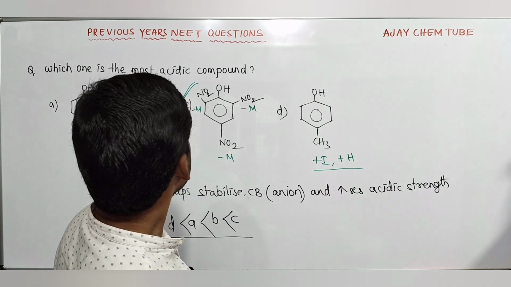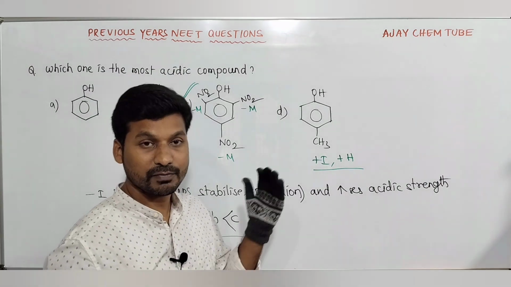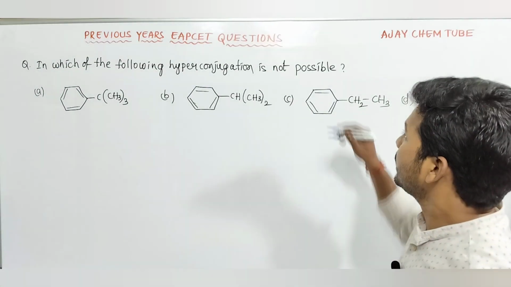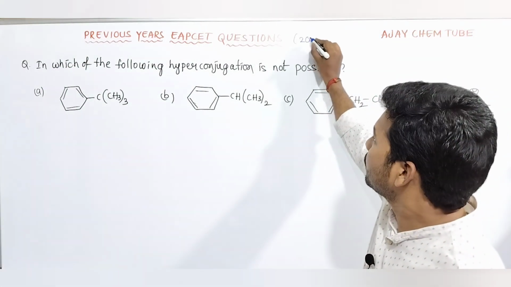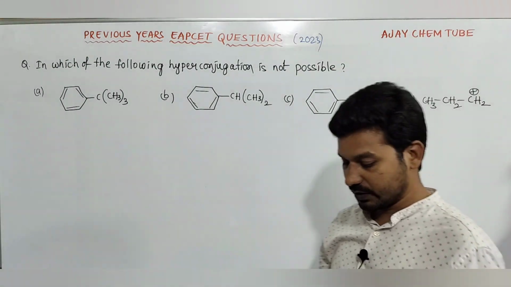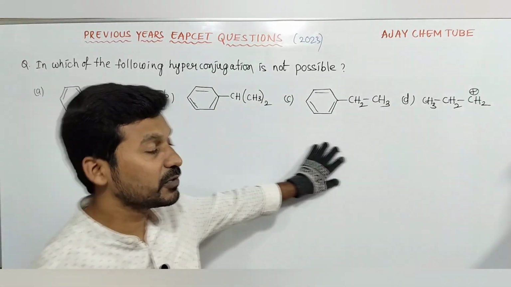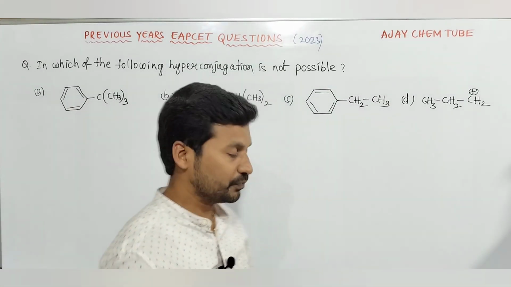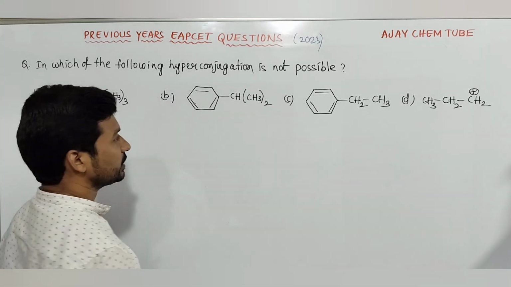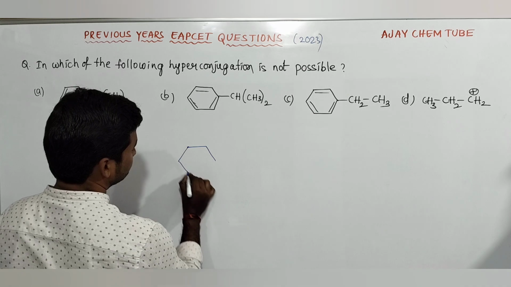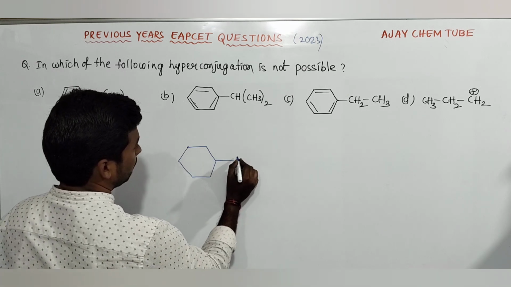Next, previous year MSET questions. First take this one. These are 2023 MSET questions. Which of the following? In which of the following is hyperconjugation not possible? In our videos, there is a separate video where I have explained hyperconjugation.